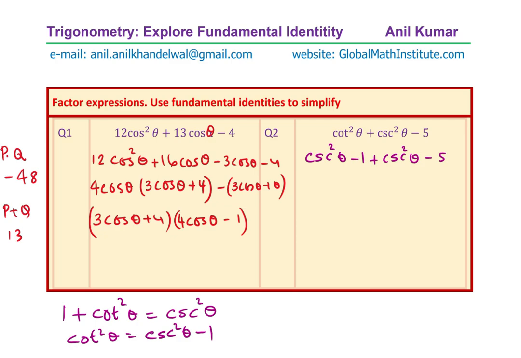You get the idea, right? So we have 2 cosecant square theta minus 6. And you can take 2 common, and you get 2 times cosecant square theta minus 3, and that is how you could factor this particular expression.